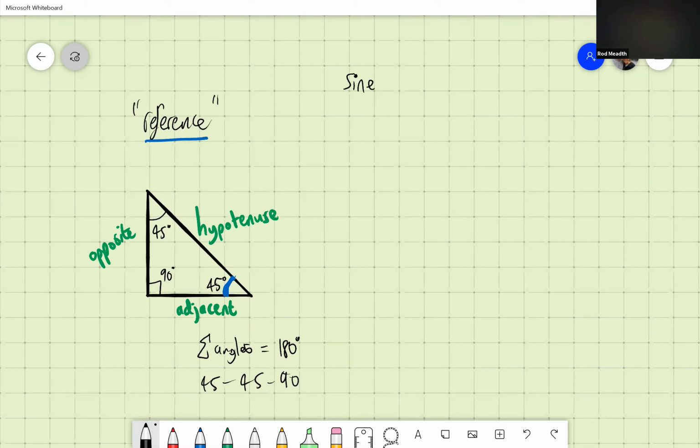are called sine, cosine, and tangent. Now, if you have a scientific calculator, either on your computer or physically next to you, like I do, then you have seen these buttons on your calculator. They are abbreviated to SIN, COS, and TAN.